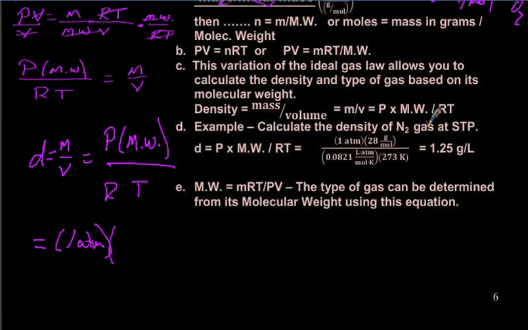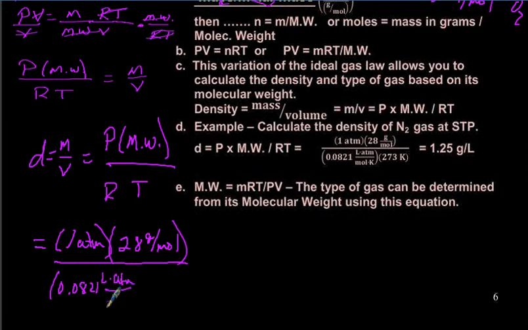Our molecular weight is that of N2 gas, which is 2 times 14, or 28 grams per mole. Then we will divide that by R, which is 0.0821 liter atmosphere per mole Kelvin. And our temperature would just be standard temperature, which is 273 Kelvin.